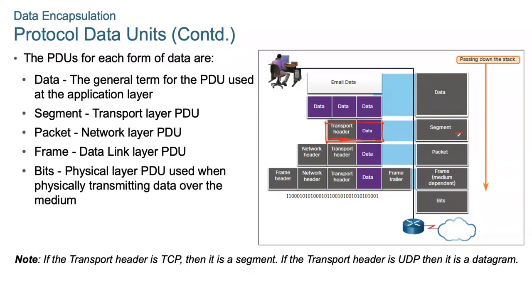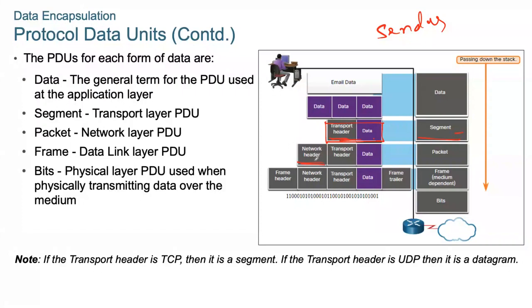Next, this segment is passed on to the next layer on the sender side. There it is encapsulated again with the header field of the next layer, the network layer header, which is added to the segment.